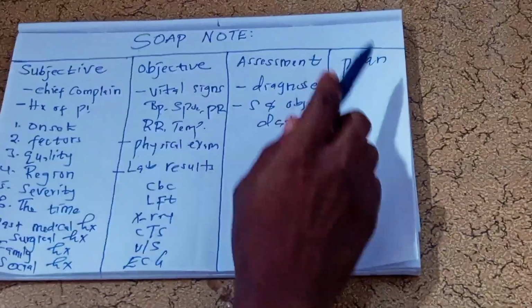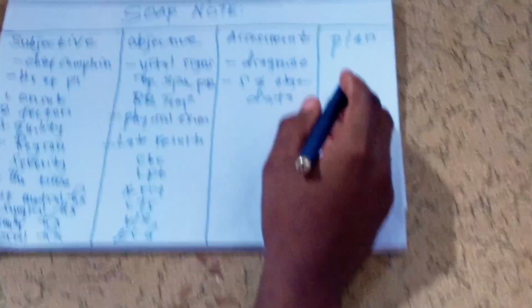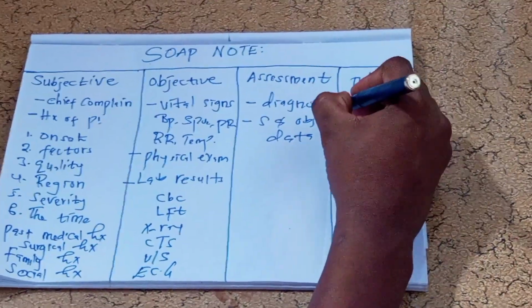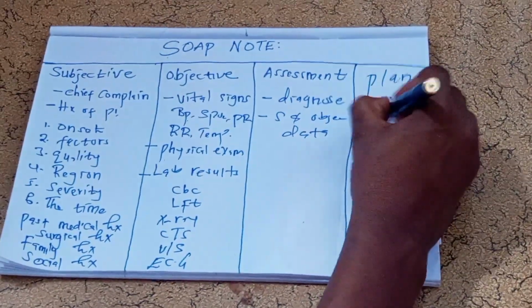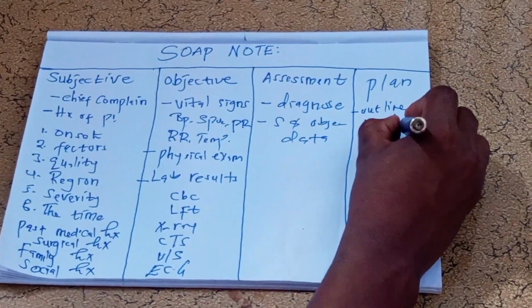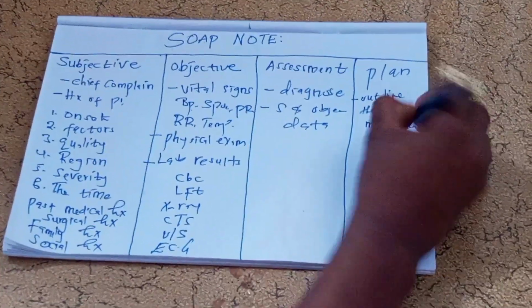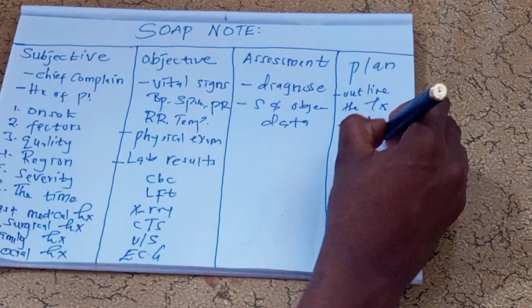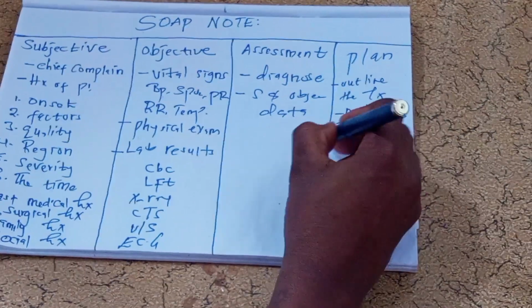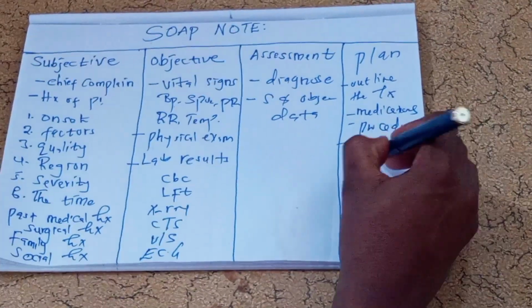Okay, P standing for plan. In the plan, this is whereby you outline the next step you are going to take to treat the patient. You outline the treatment, including medications, procedures, and lastly follow-up care.